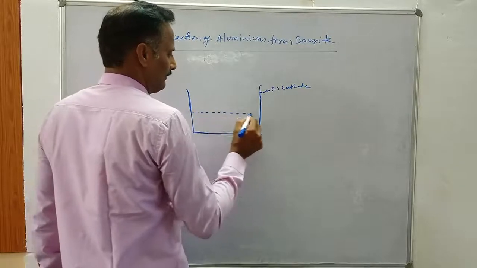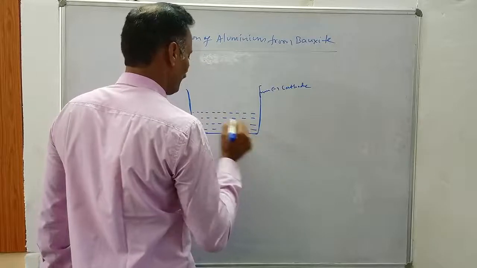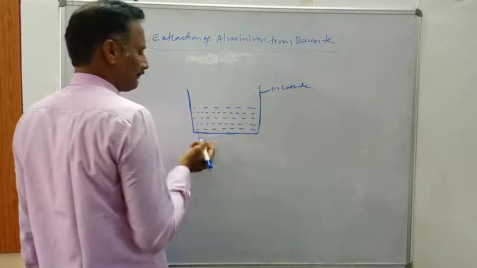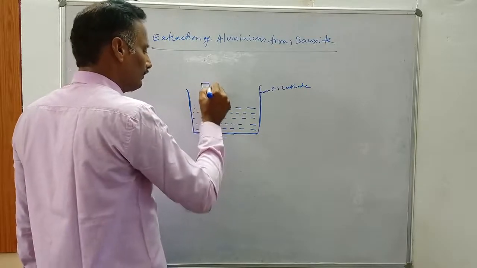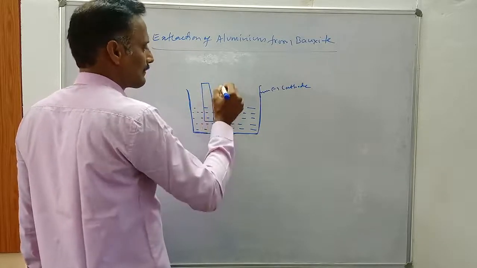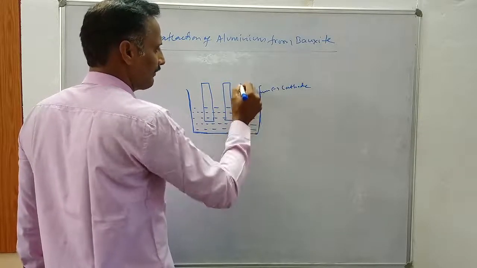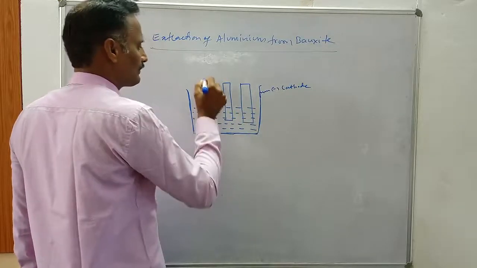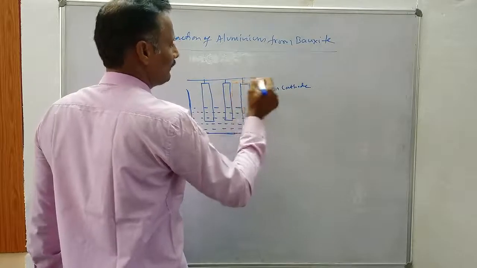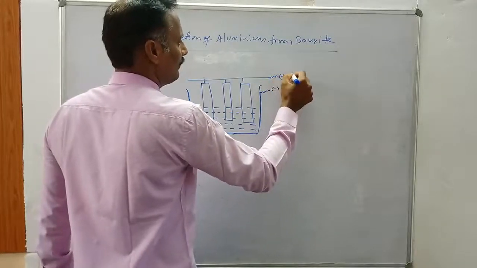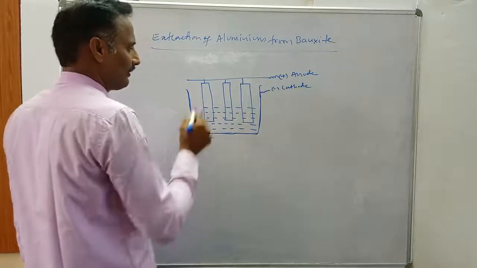For this we take molten Al2O3. Al2O3 means bauxite. Graphite rods act as anodes. The graphite rods are connected as the anode. Anode means positive electrode. Cathode means negative electrode.